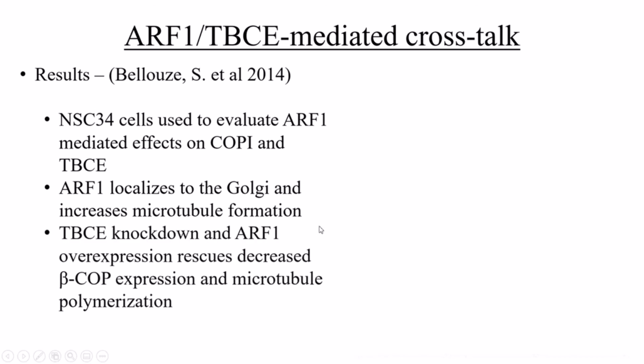So they also looked at the TBCE knockdown and ARF1 overexpression, and they saw that this overexpression rescues decreased beta COP expression that we originally saw when TBCE was knocked down, and it also increased microtubule polymerization.